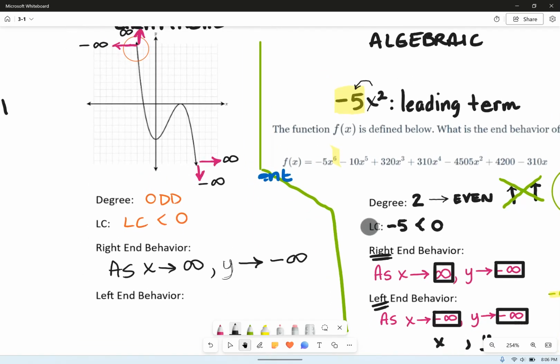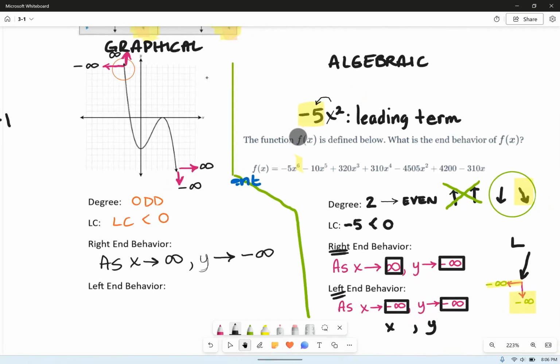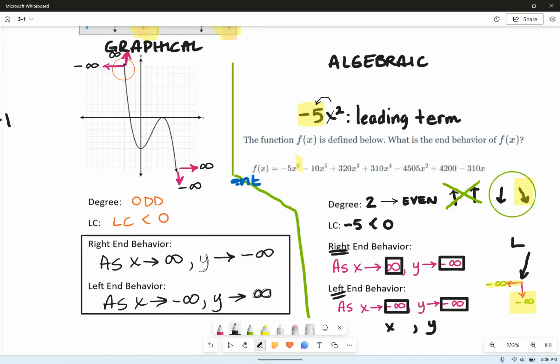And then we'll look at the other one upstairs. And we have, again, as x approaches, the horizontal is x, is negative infinity, and then y is approaching. Look at the vertical movement, it's going up, positive infinity. And that's it. That is how you do left and right end behavior. Good luck, and thanks for watching.